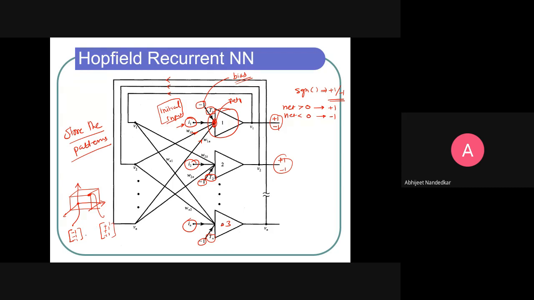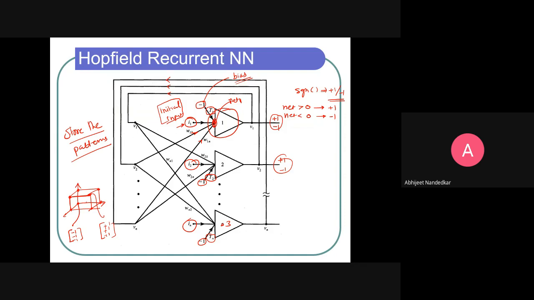Okay, so you can see that my output is always one of the vertices of this box. If it is a 3D case, then it will be either this point, this point, or this point, or this point. All corners of this box, one of them will be the state of this network.